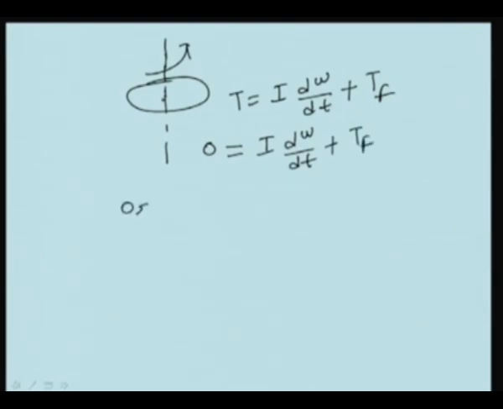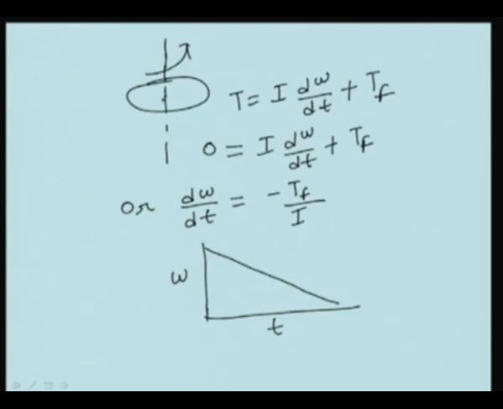or d omega by dt is equal to minus Tf by I. So, that means if you plot the omega versus time curve, you can take the slope of that.